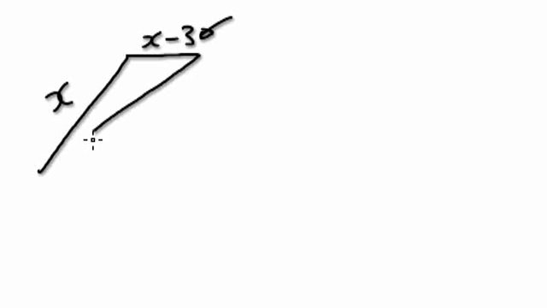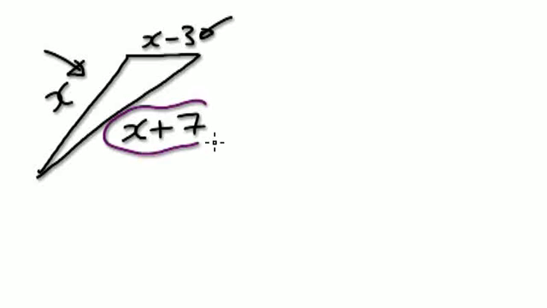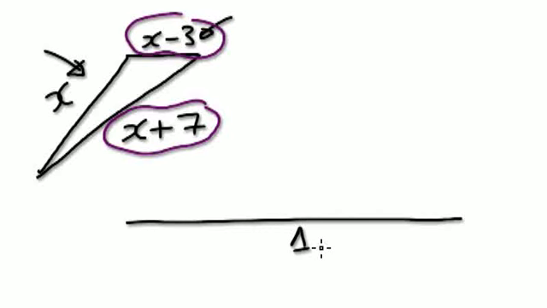Let's say this length here is x. Because we know this length here is 3 meters shorter than whatever this length is, we can write it as x minus 3. And the last length is 7 meters longer than our x, so it has to be x plus 7. If you don't know something, put it into an equation.